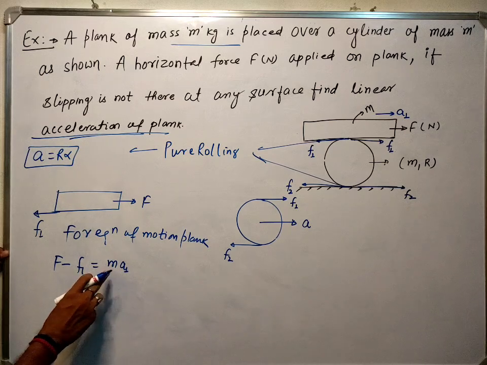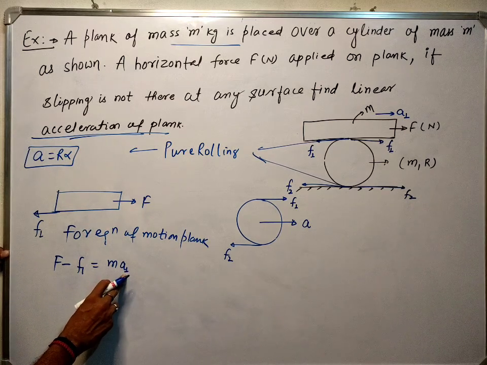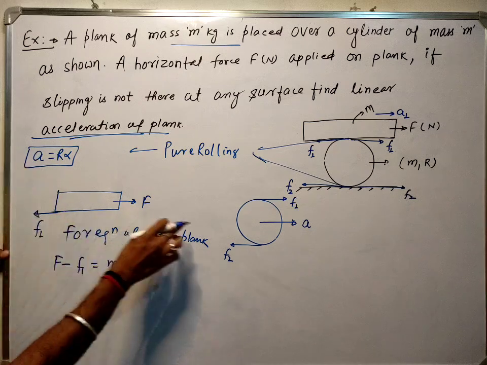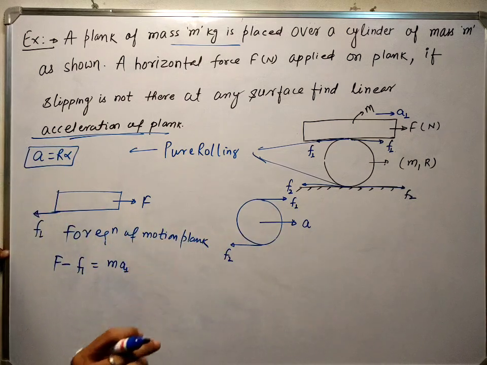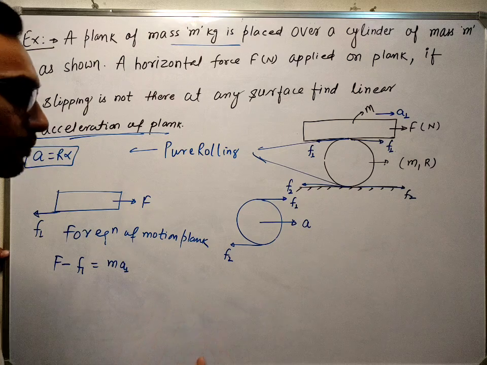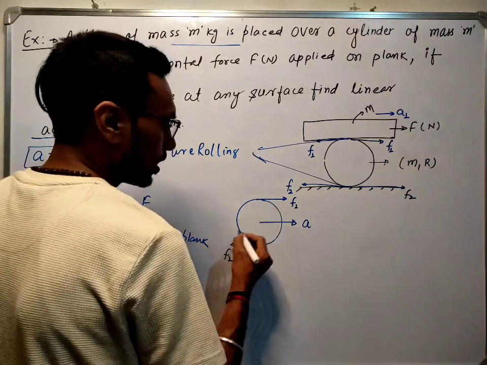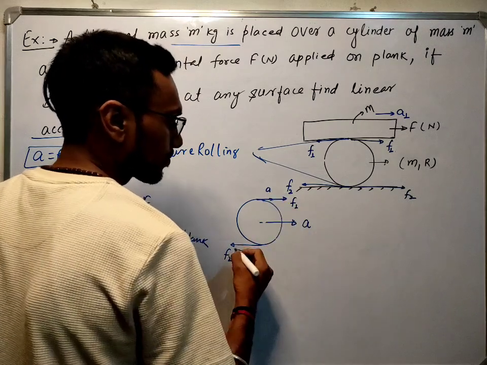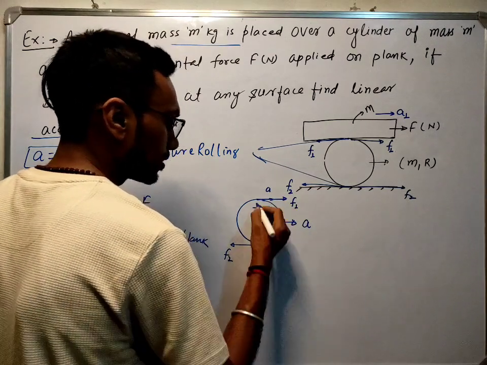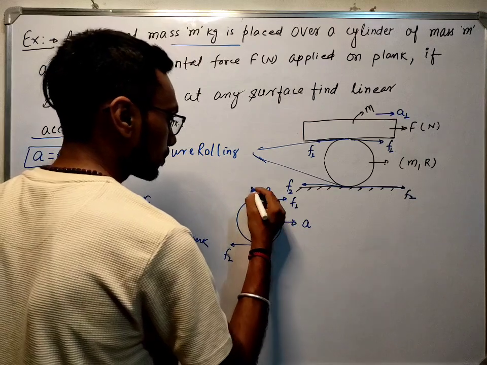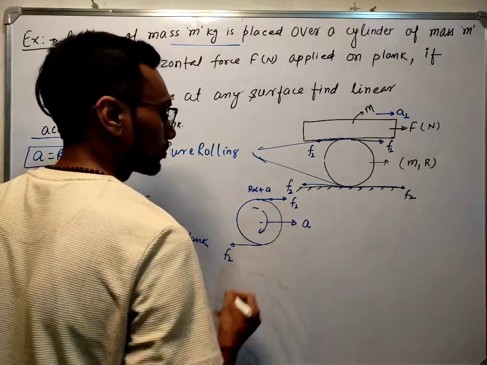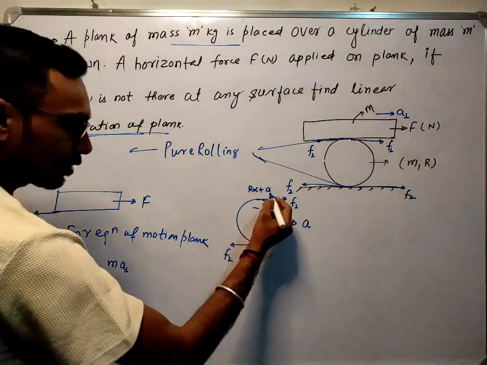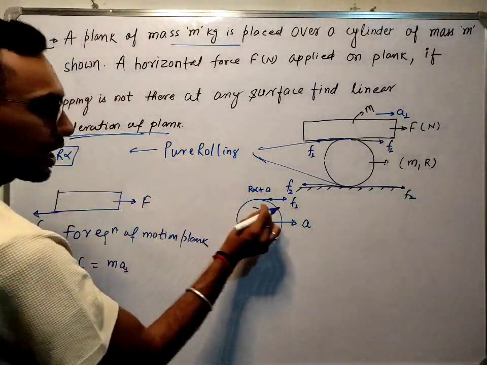Now this A can be written in the form of simple A. So let's see how we can apply the concept of rolling. At that point, this point moves forward with acceleration A, and also due to rotatory motion the acceleration is alpha r. So now alpha r equals A, and this is A.